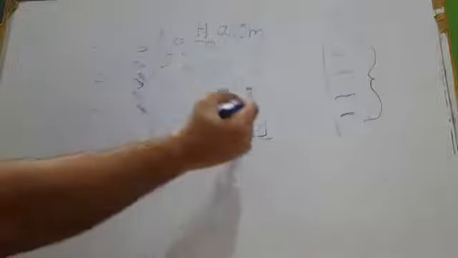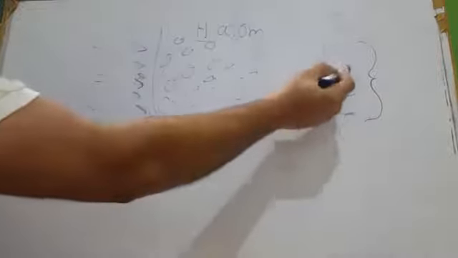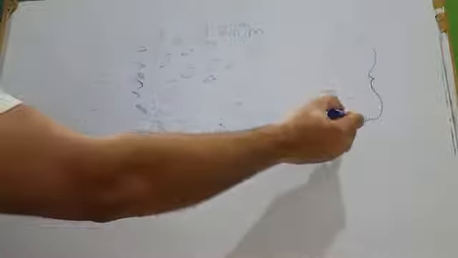Balmer studied this absorption or emission spectrum of the hydrogen atom in the visible region, and he could find a mathematical relation among these frequencies or the wave numbers. Wave number is denoted by nu bar.